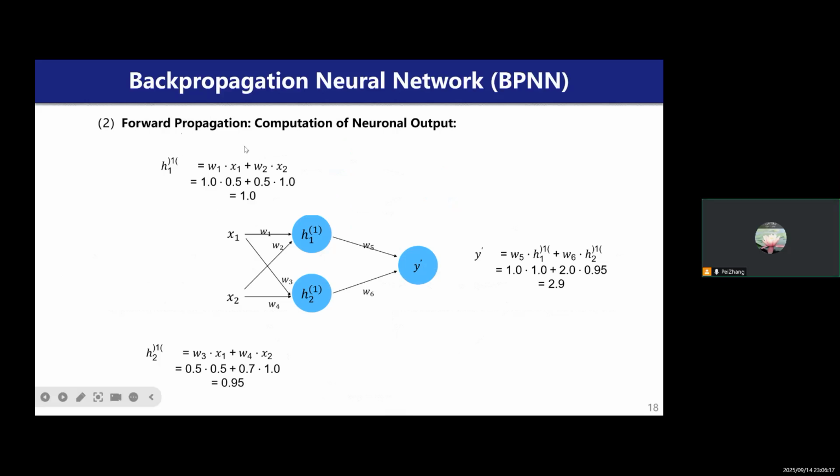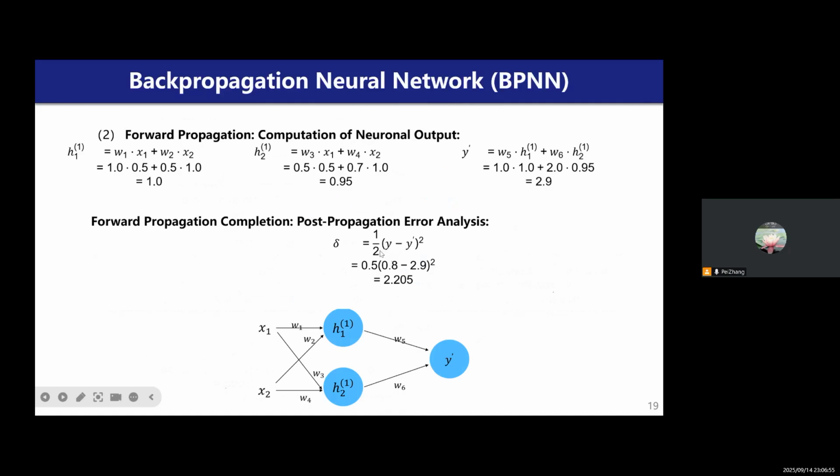As we can see, the forward propagation computes the neuron outputs: h1 is equal to the weight w1 multiplied by x1 plus w2 multiplied by x2. h1 is equal to 1.0 and h2 is 0.95, and the output y based on this calculation is 2.9.